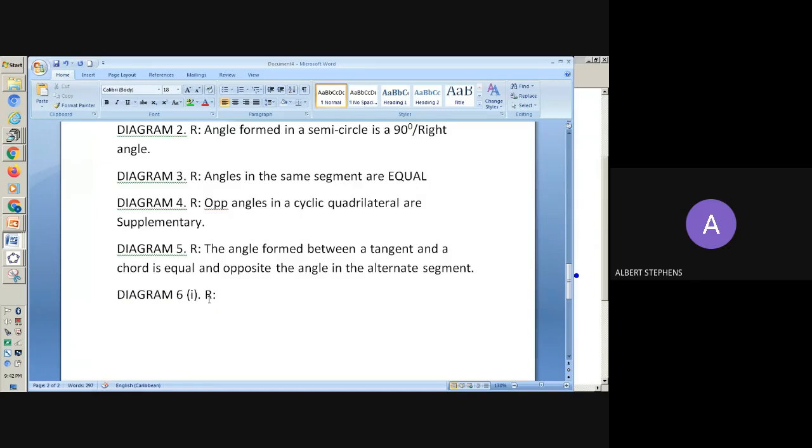And what's the reason? The angle formed between a tangent and the center of a circle is a right angle.